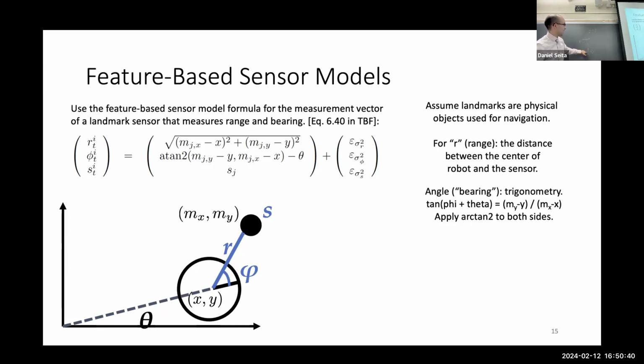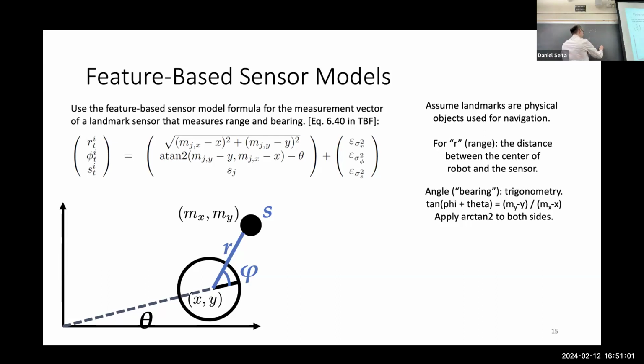Because of that, this angle is phi plus theta, because theta is this part here. And when you have the tangent, the tangent of this is equal to, well, I basically wrote it there.